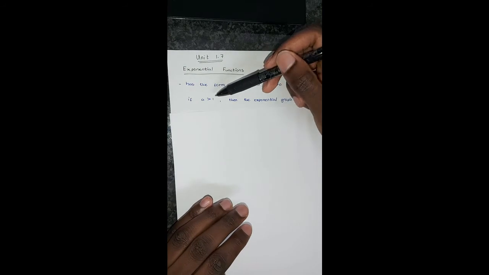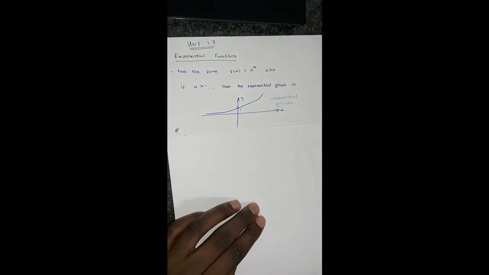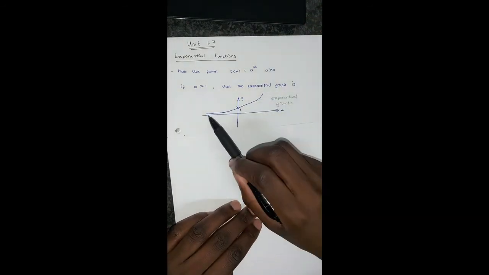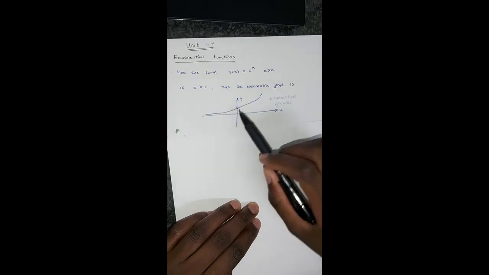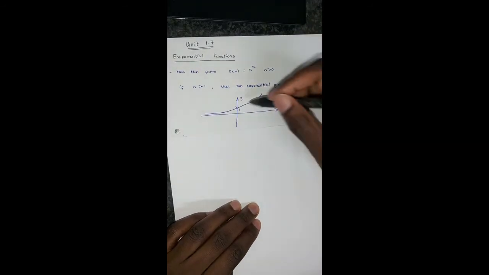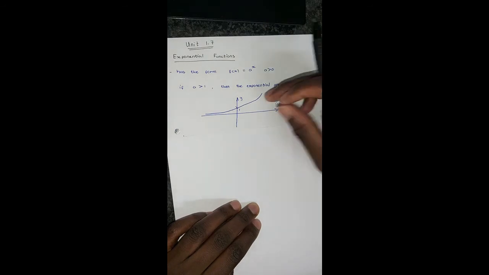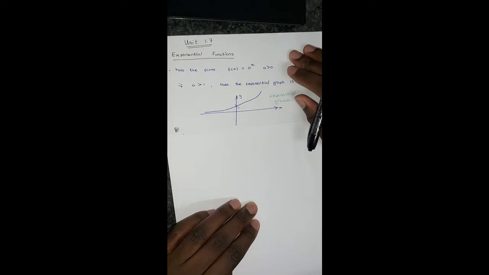Basically if our a is greater than 1, then our exponential graph is going to be that, and it is known as exponential growth. As you can see over here, our f of x values become larger and larger as we move towards x infinity. That's why it's called exponential growth, because it's growing exponentially.